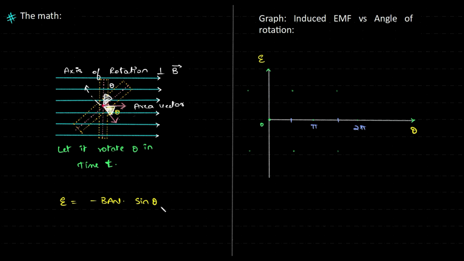Let's stick to this. When theta is 0, the output is 0. When theta is 90 degrees, it's maximum. When it's pi, it is minimum. When it's minus 270, sorry, or minus 90, yes, that is also a possibility. It is minus of 1.